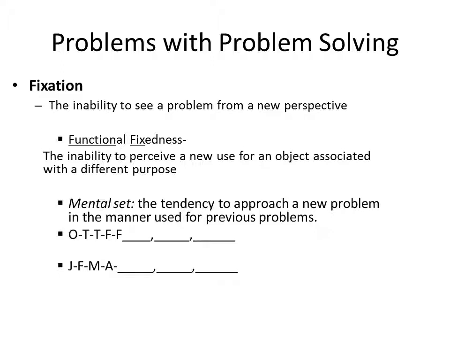Functional fixedness is the inability to perceive a new use for an object and associate it with a different purpose. If I gave you a pencil and said, figure out ways to use the pencil, most of you would be so fixated on the fact that it's a pencil and you need it for writing that you wouldn't try to find another way to use this tool. Maybe you could use it as a nail, take a hammer, and use it to help you hang pictures.